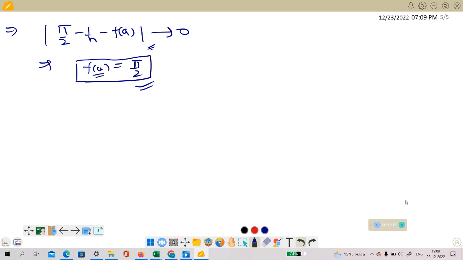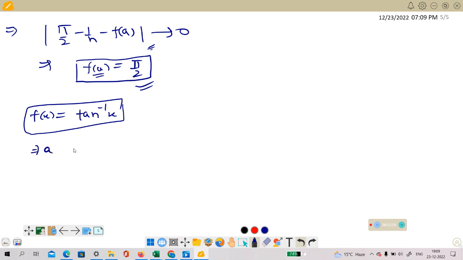Alright, but note that what was our f? Our f was f(x) equals tan inverse x. Do you agree? So what we have shown is that there exists an a such that tan inverse a is equal to pi by 2.